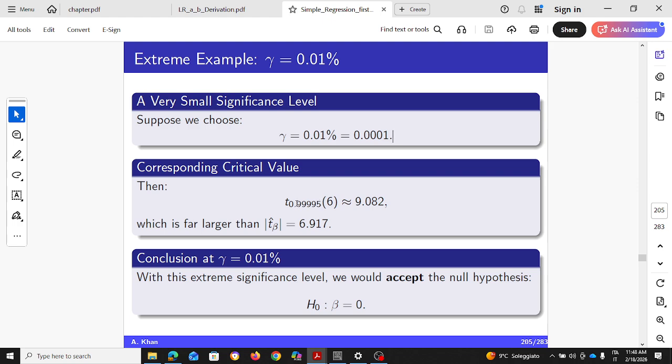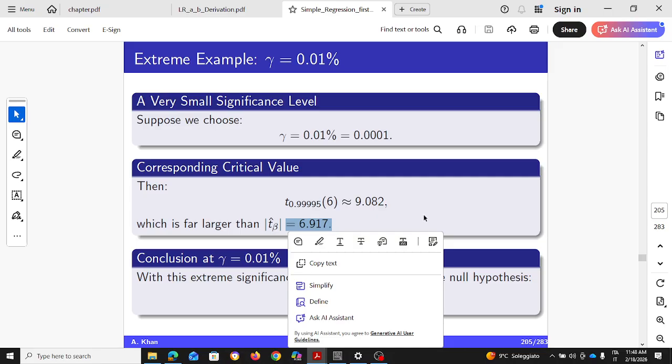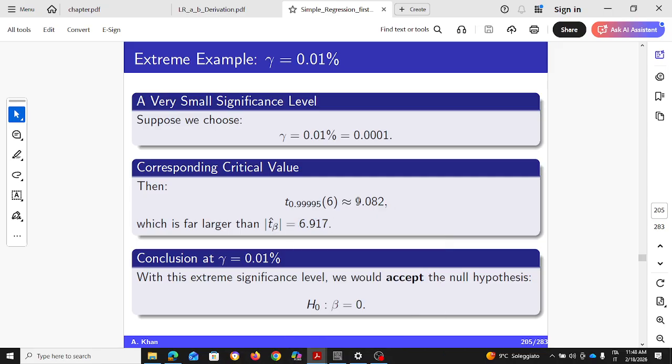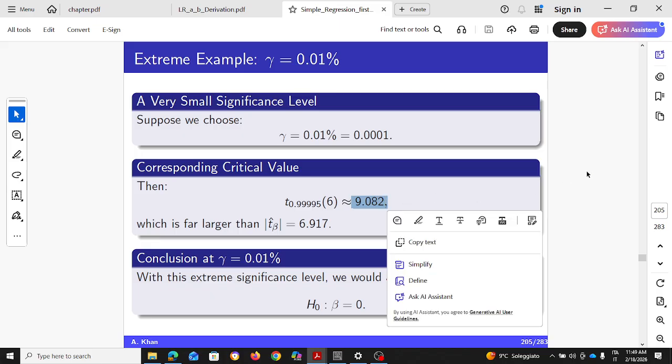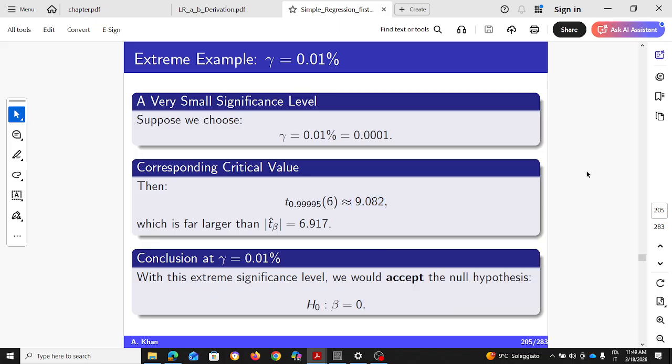If we calculate its value, it is 9.02, which is much greater, an extreme value.